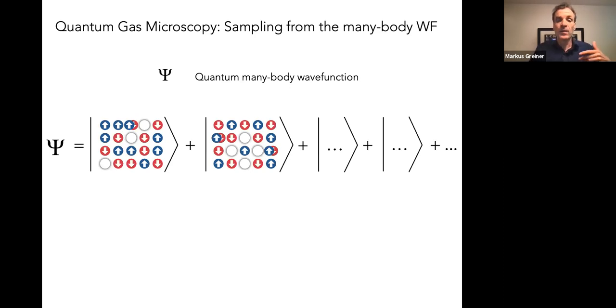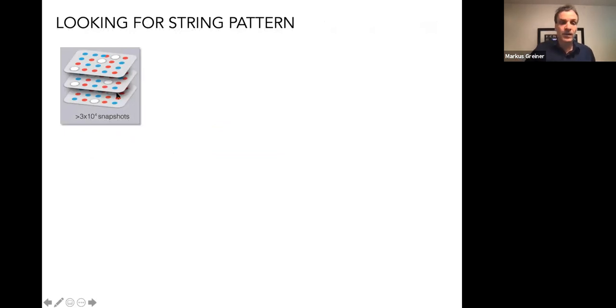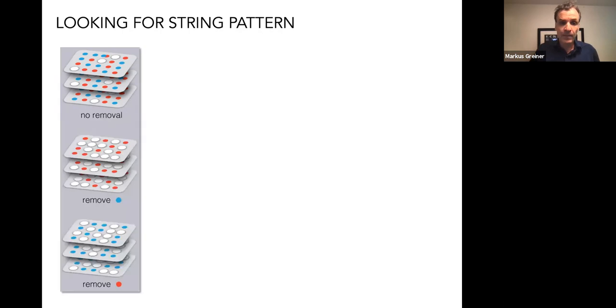In reality, you have a superposition of many different states, and we can really sample from that directly. We do this with many snapshots; for example, for the data I will be showing you, we took about 30,000 samples, and then we can take these snapshots and see what we find in them.